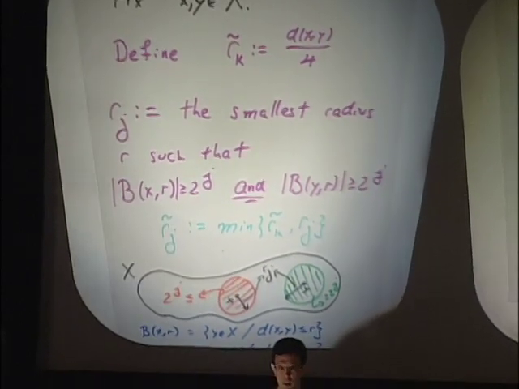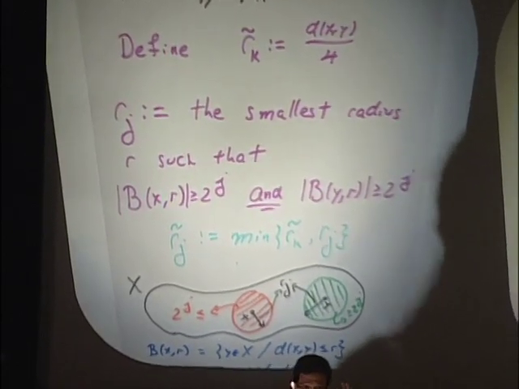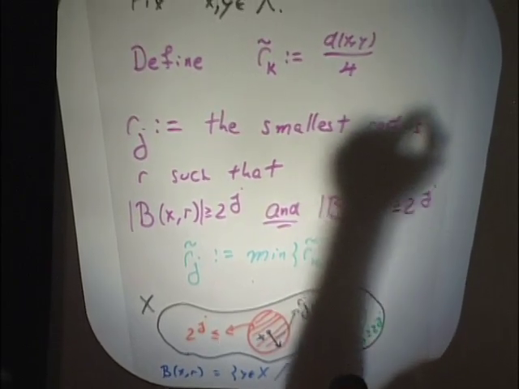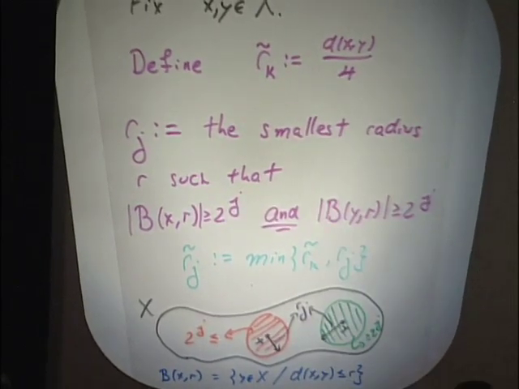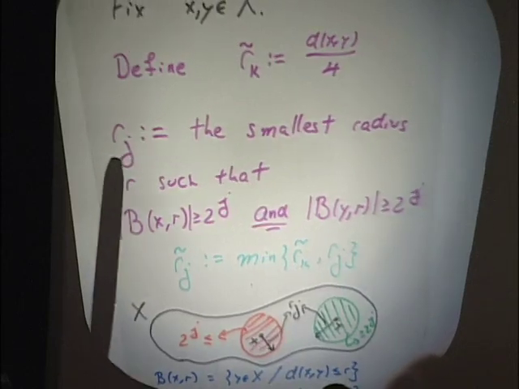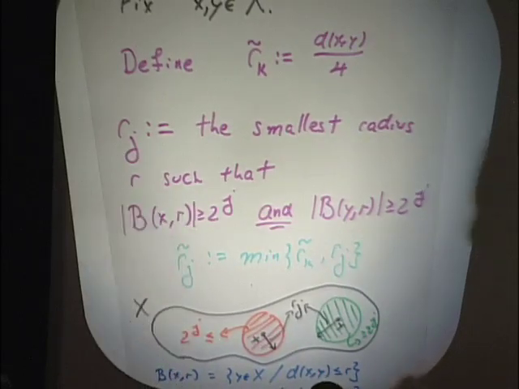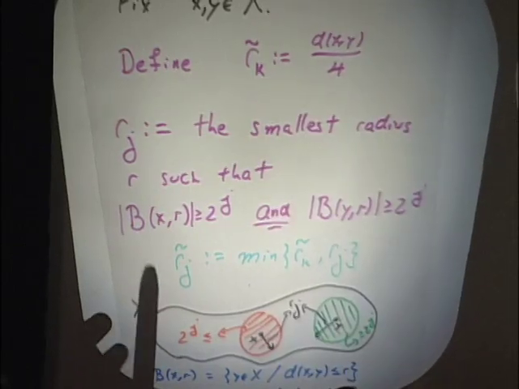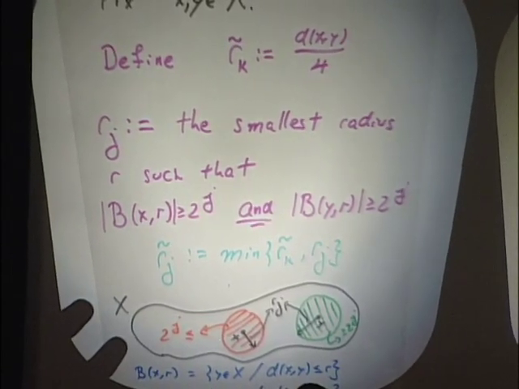Here's a number, r sub j. So I fix from now on 2 points in your metric space, x and y, and I want to show that the distance from fx to fy in L2 is big. For these 2 fixed points, I'll denote r sub j to be the smallest radius such that in the ball around x of radius r, there are at least 2 to the j points.